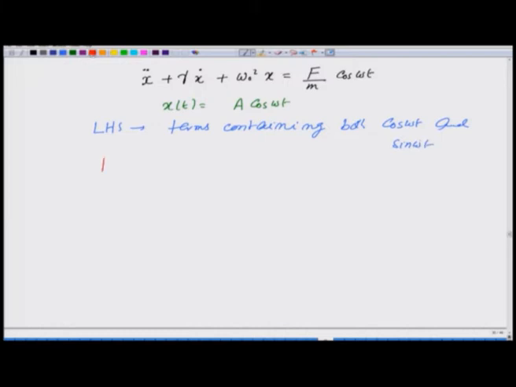On the other hand, right hand side has only cosine of omega t.